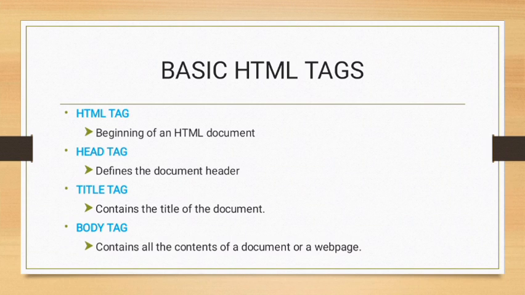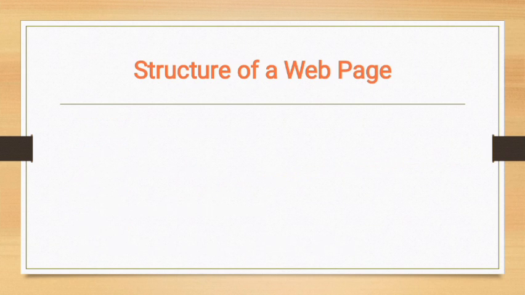HTML tag is used to represent that it is HTML code, or it is used to create a web page. And inside the head tag we will write the title tag. So head tag will define the document header, title tag contains the title of the document, and body tag contains all the contents of a web page. So these are the four basic HTML tags.